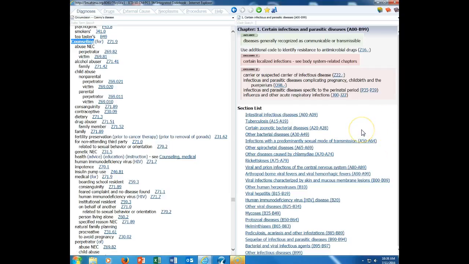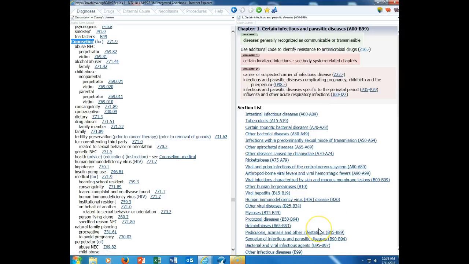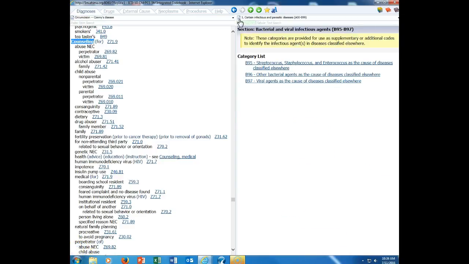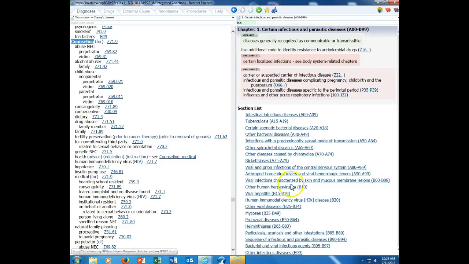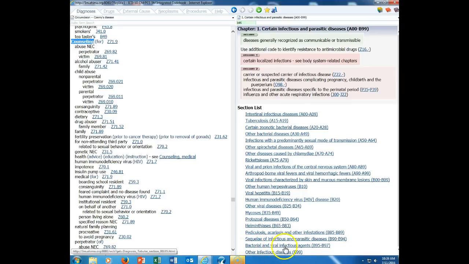But if we go down and look at these codes for diseases classified elsewhere. In Chapter 1, bacterial and viral infectious agents.